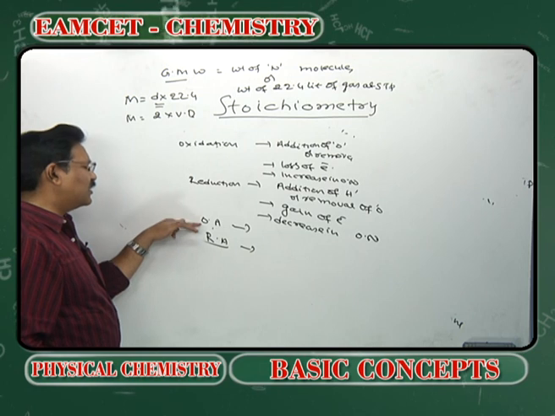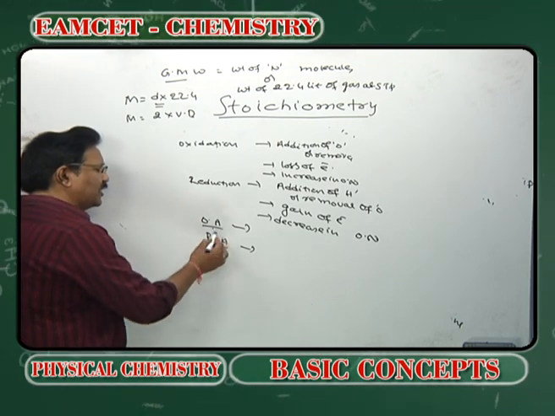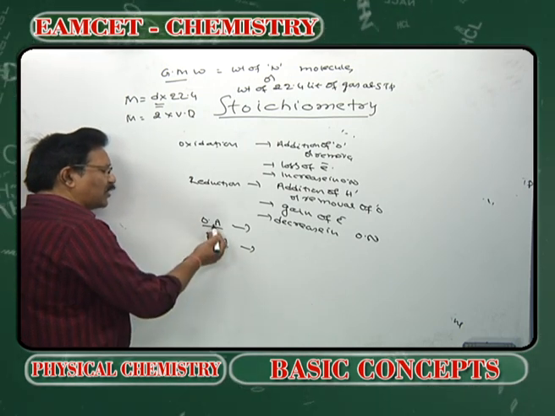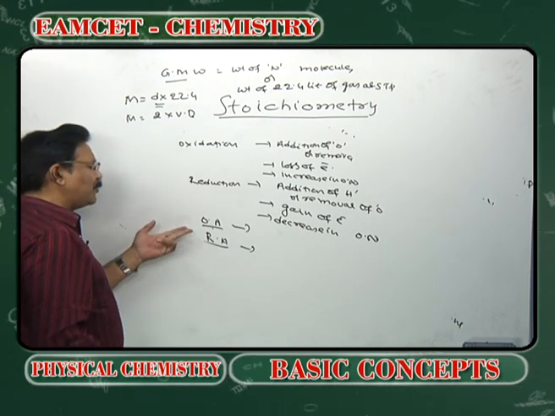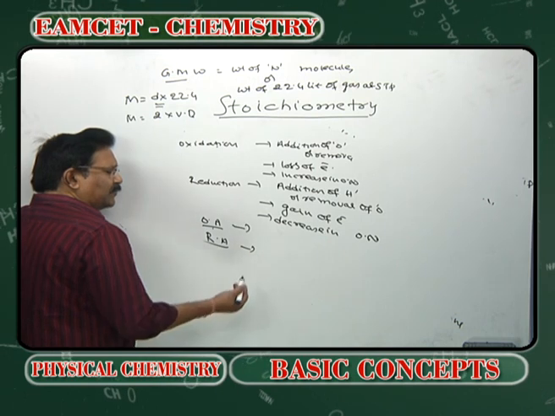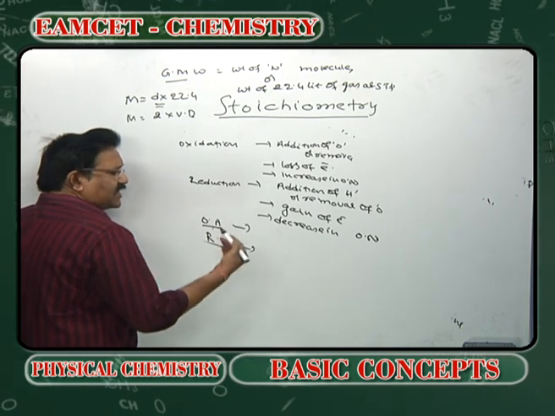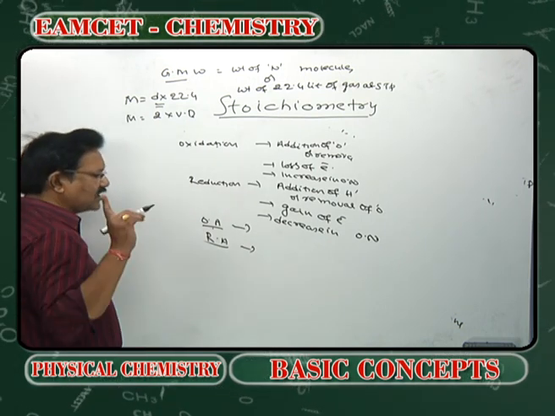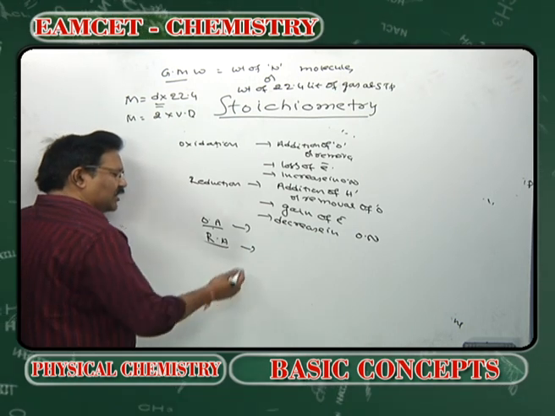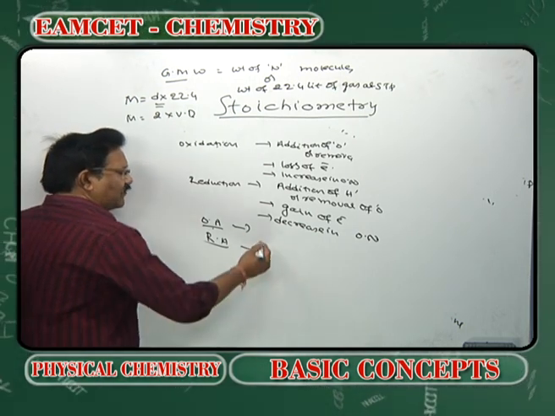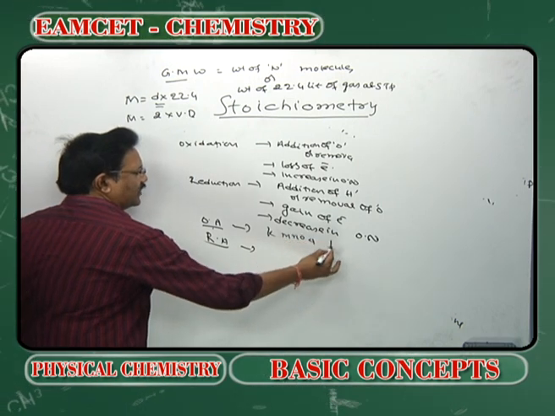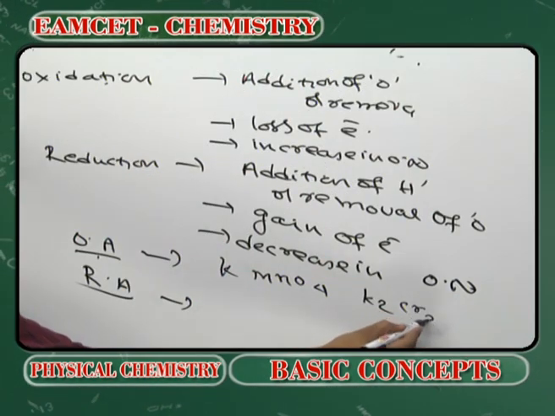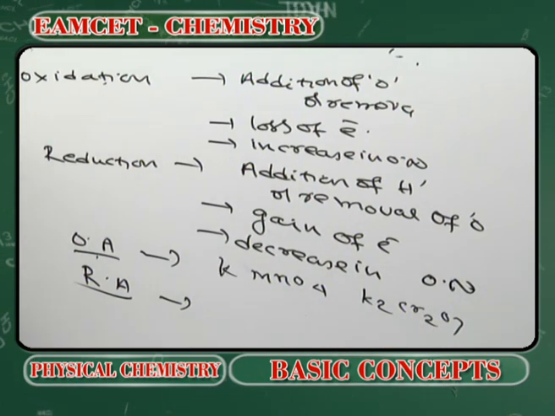How to identify oxidizing agents in a set of compounds? When the central atom is in its highest oxidation state, such compounds always function as oxidizing agents. For example, KMnO4, K2Cr2O7. In these, the central atoms are in their highest oxidation state.